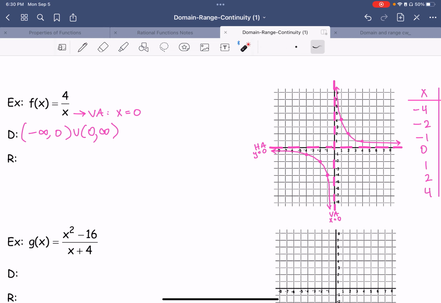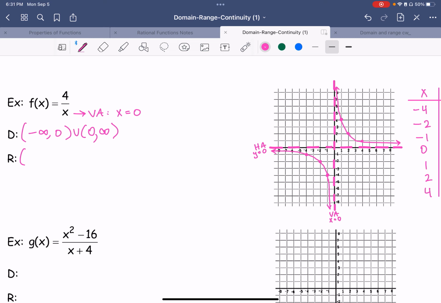Okay, now the range is read bottom to top. So starting from the bottom, I'm touching the graph. I can follow it until I get to 0. Again, after I pick up my pencil, that's going to create a break in my range. But after I pick back up at y equals 0, I don't have to pick up my pencil anymore because it goes all the way up to infinity.